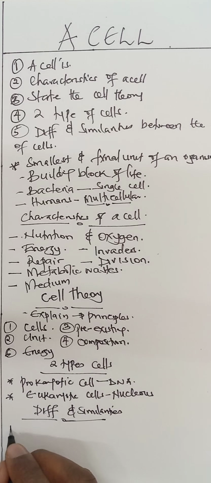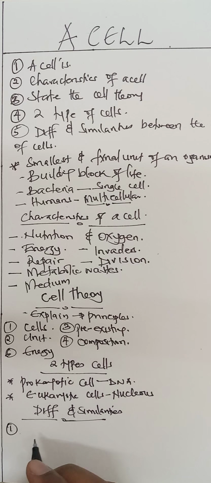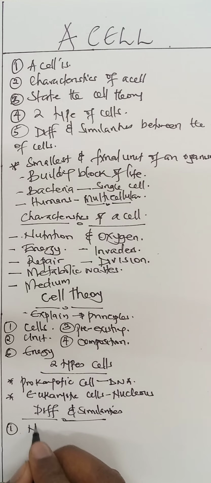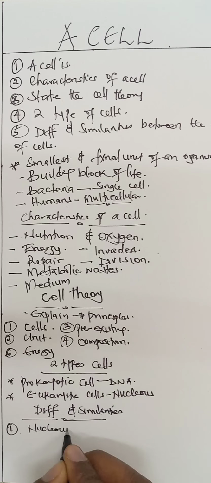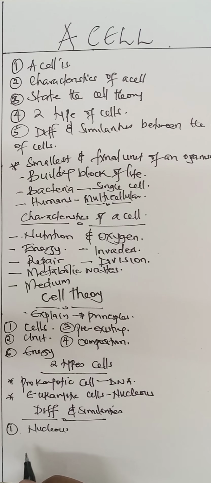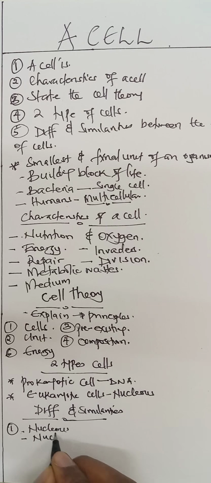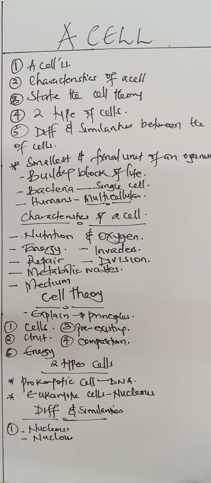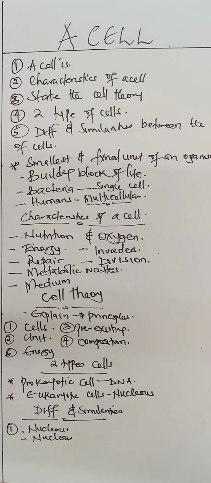So one is that prokaryotic cells lack a distinct nucleus, but instead they have a nucleoid region. However, their counterparts, the eukaryotes, have the distinct nucleus with a double membrane.